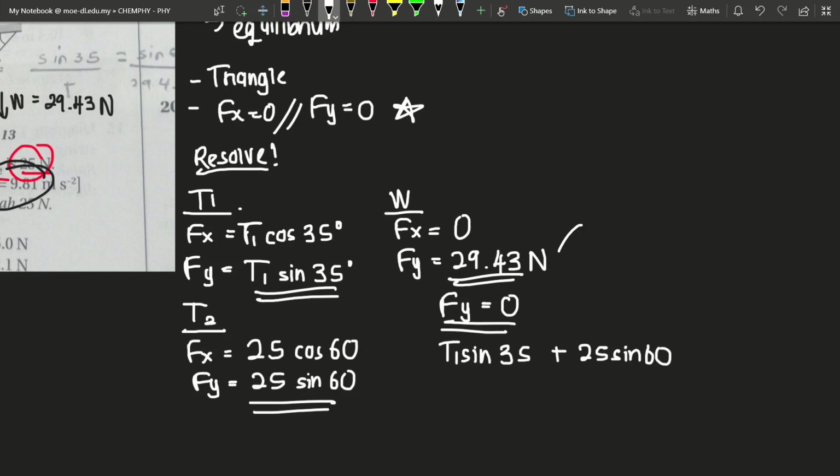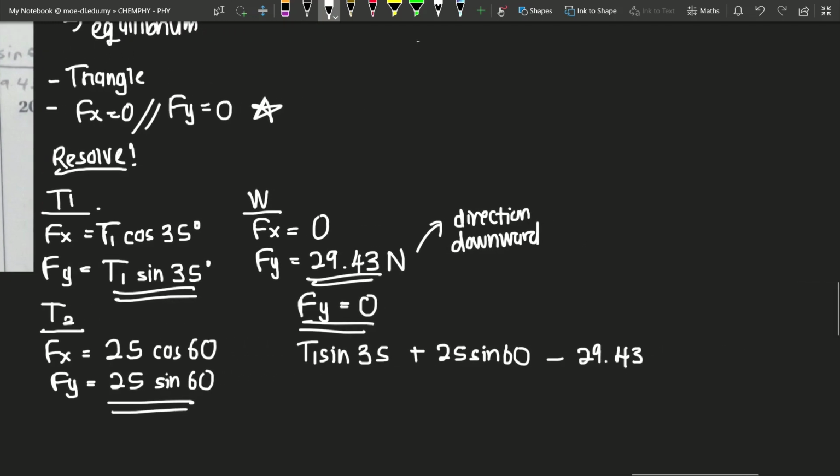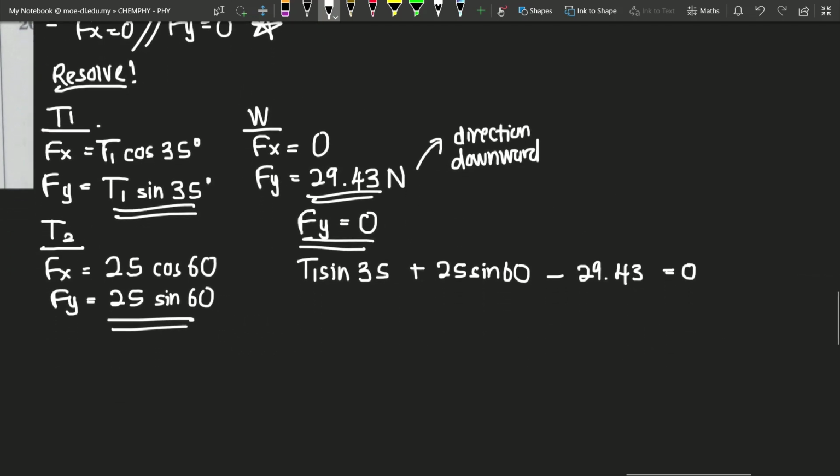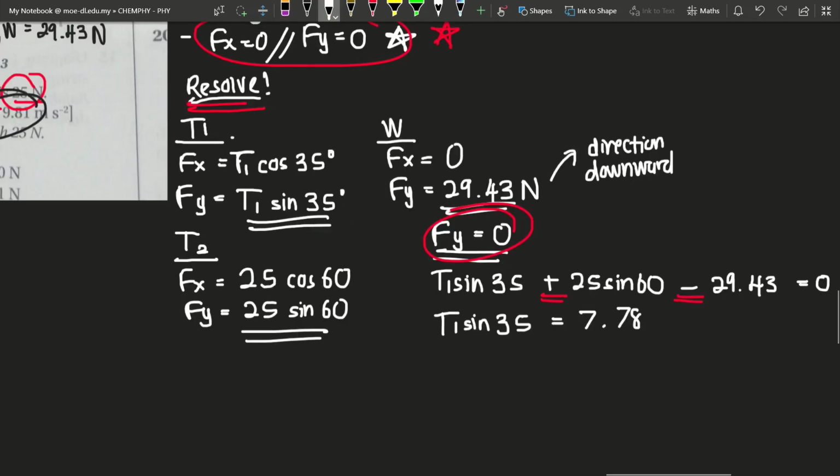But since the direction is to the downward direction, you guys will minus 29.43. And then after you total everything equal to 0, you will get T1 sine 35 equal to 7.78.